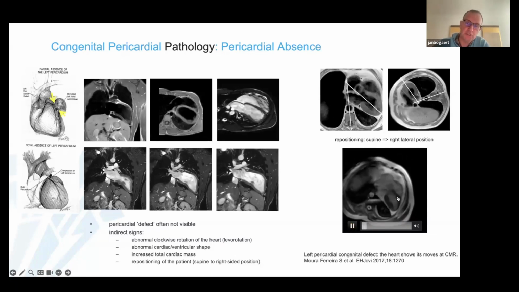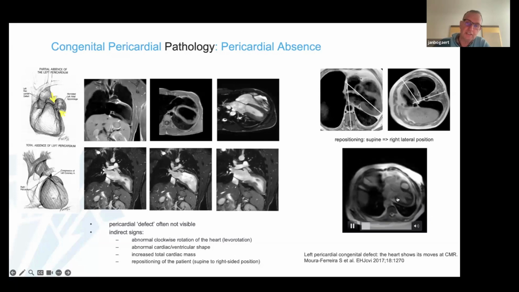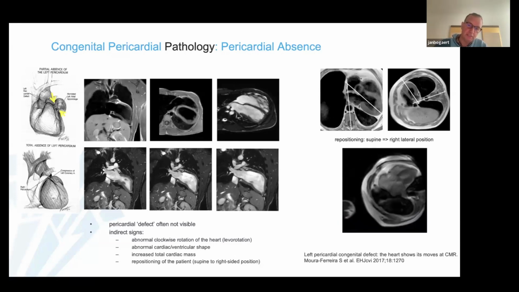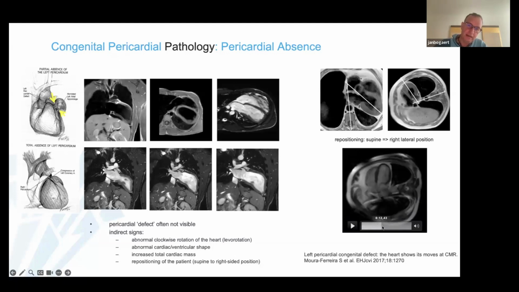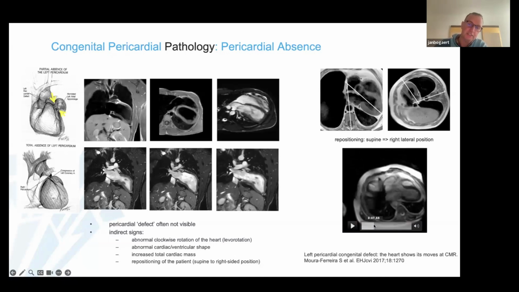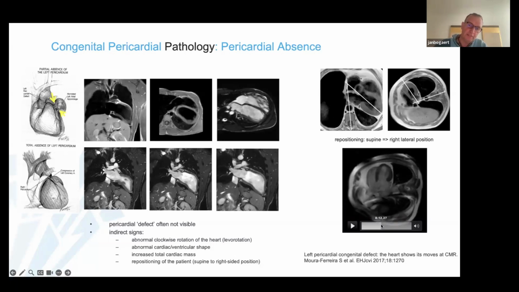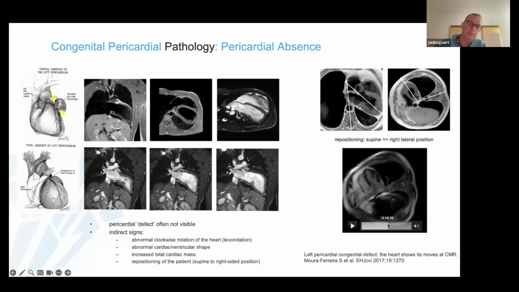In this real-time study, we ask the patient to rotate, and once he passes the midline, here the heart is still oriented posteriorly, and then he moves, and once he's over the top, the heart falls into a more normal position. This is an example of how you can use CMR to dynamically study the heart.